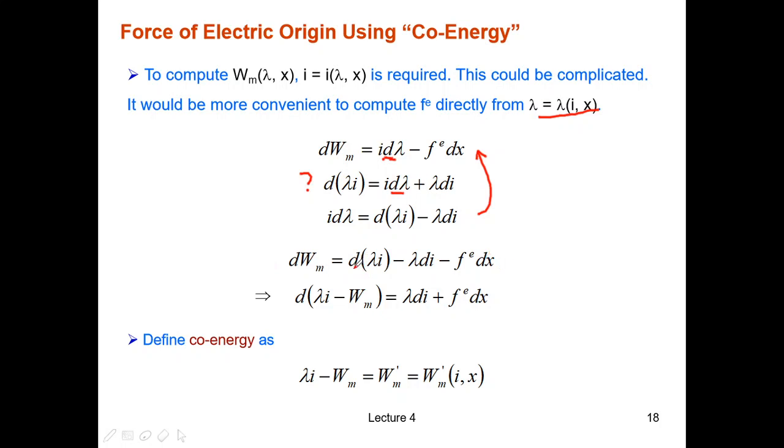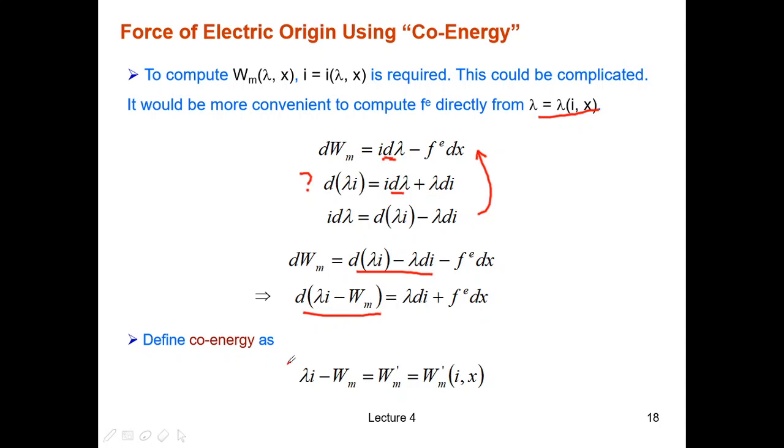Now we combine these two. We bring these two to the left hand side, and we bring the Wm to the right hand side, and then switch sides. So we get d of lambda I minus Wm will be lambda di plus f dx.